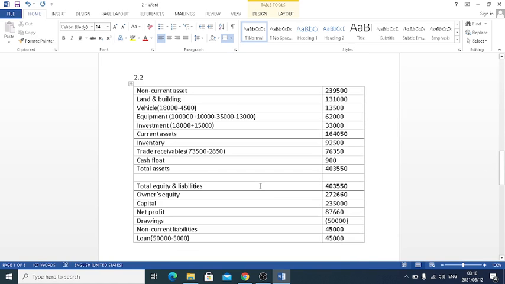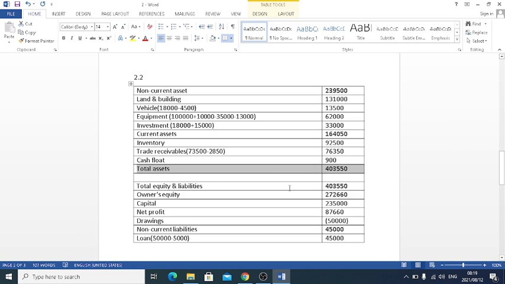Then these three make up this answer. I'm not sure since I changed something here, but these three must form this answer. And then your non-current assets and your current assets must be your total assets.